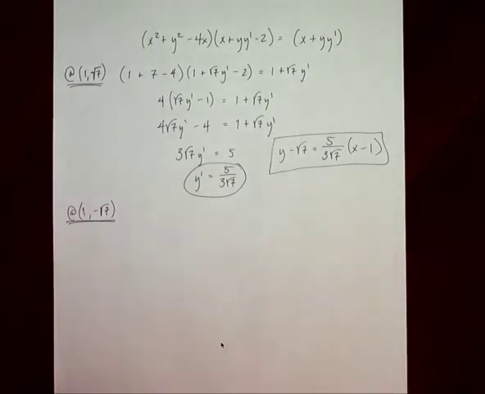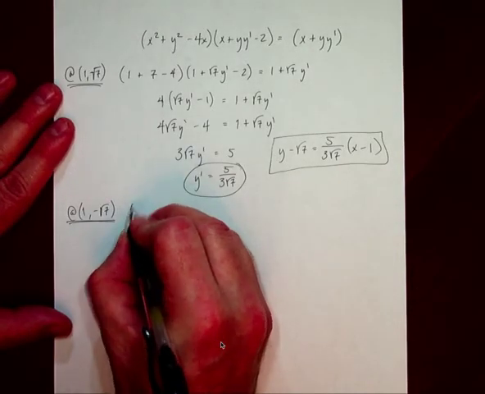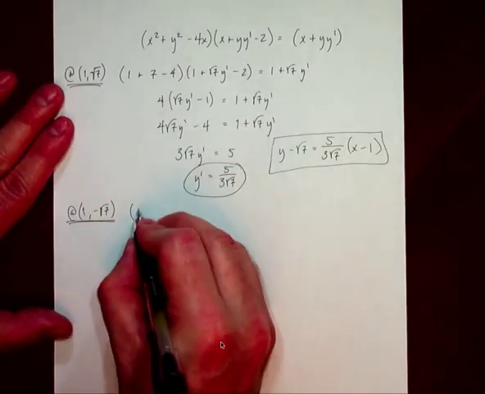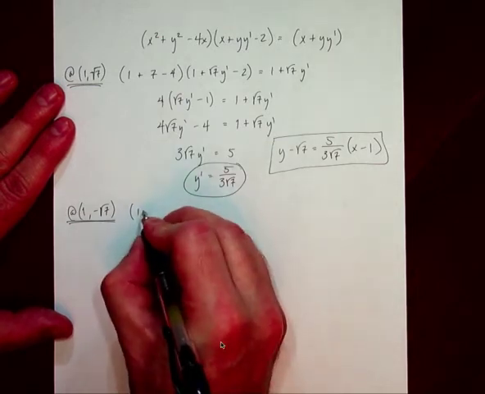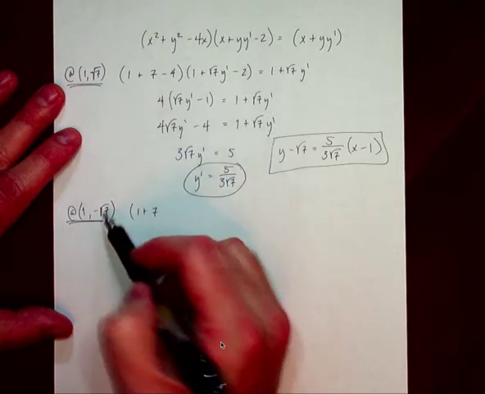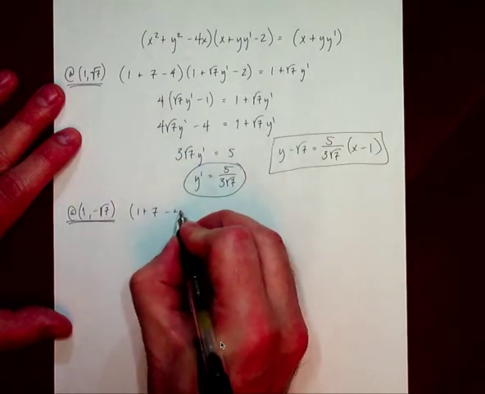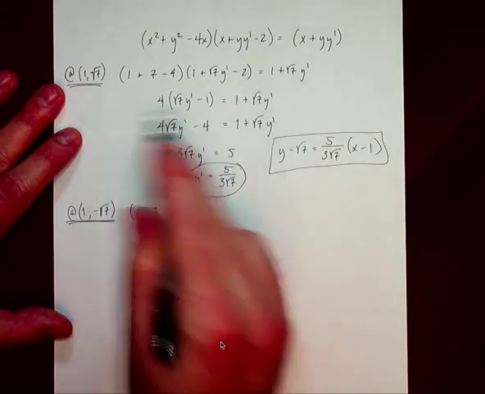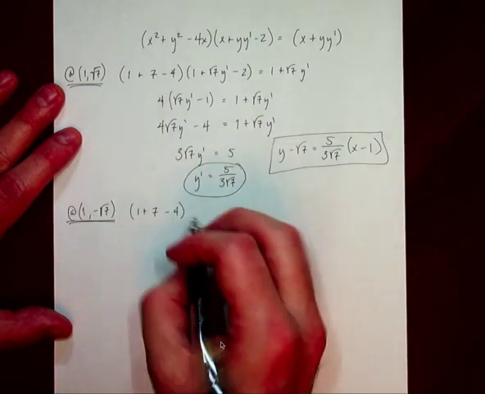But just for the sake of being exhaustive, let's go ahead and do the arithmetic anyway. So it's going to be 1 plus 7 again, because it's squared, the negative goes away, minus 4. So that first trinomial, we're going to get the same value.